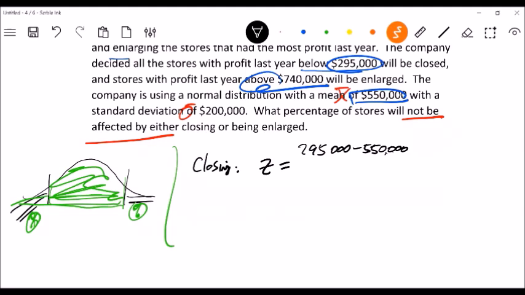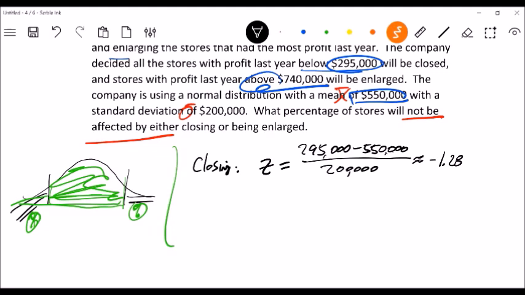Okay, good. So 295 minus 550 over the standard deviation of the 200,000. You've got all those numbers in there now. And that's equal to negative 1.275, which will round to negative 1.28.